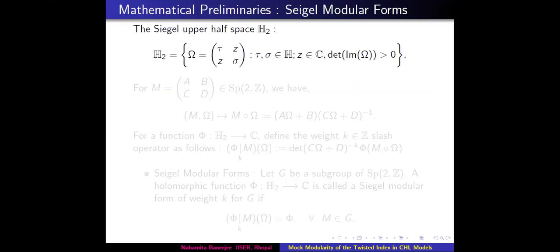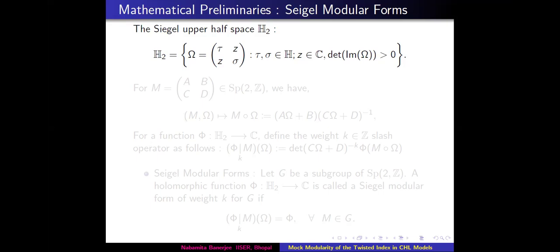Okay, good. Now, what is a Siegel modular form? Because we saw that the object that appears in our computation is a Siegel modular form. So to define a Siegel modular form, we need to extend, we need to go from the upper half plane to 2 copies of the upper half plane. And we do it like this. So here tau and sigma both belong to the upper half plane and z belongs to the whole complex plane.